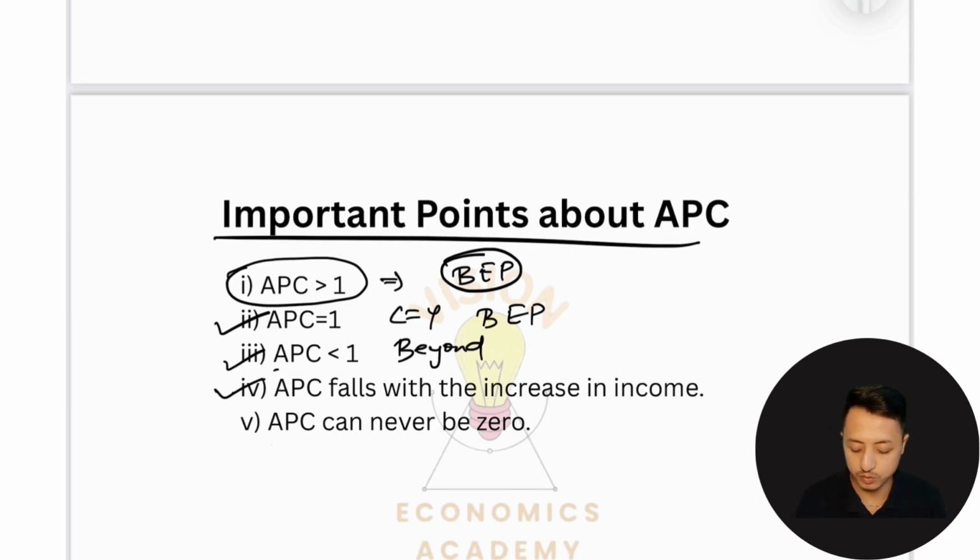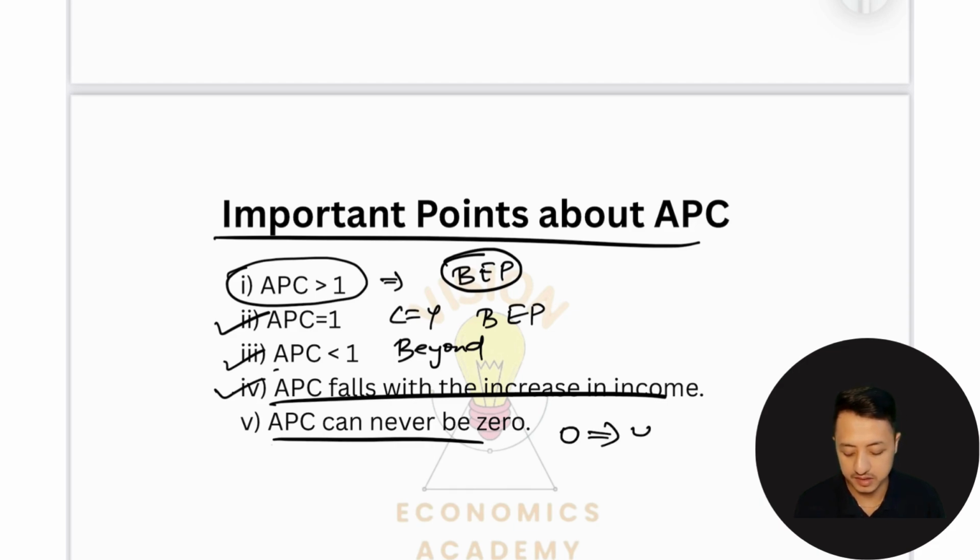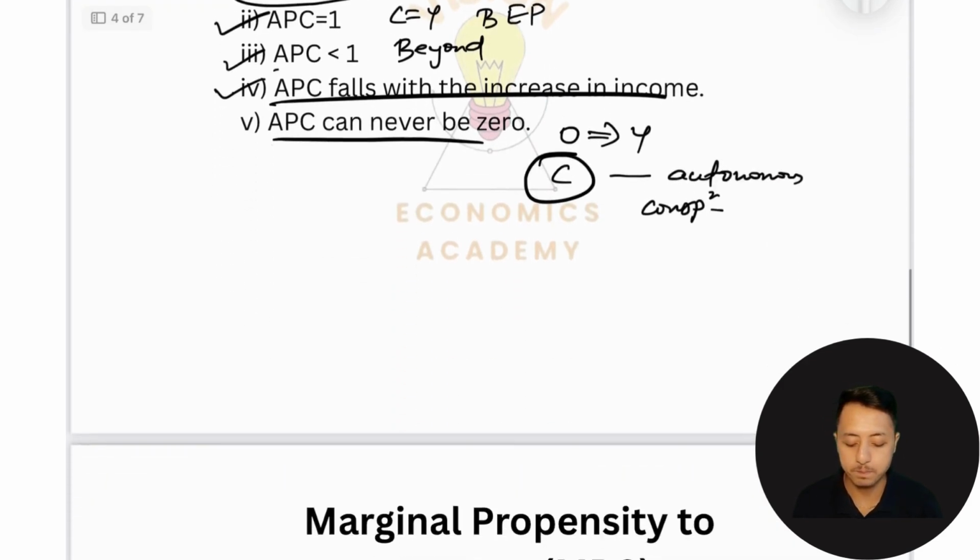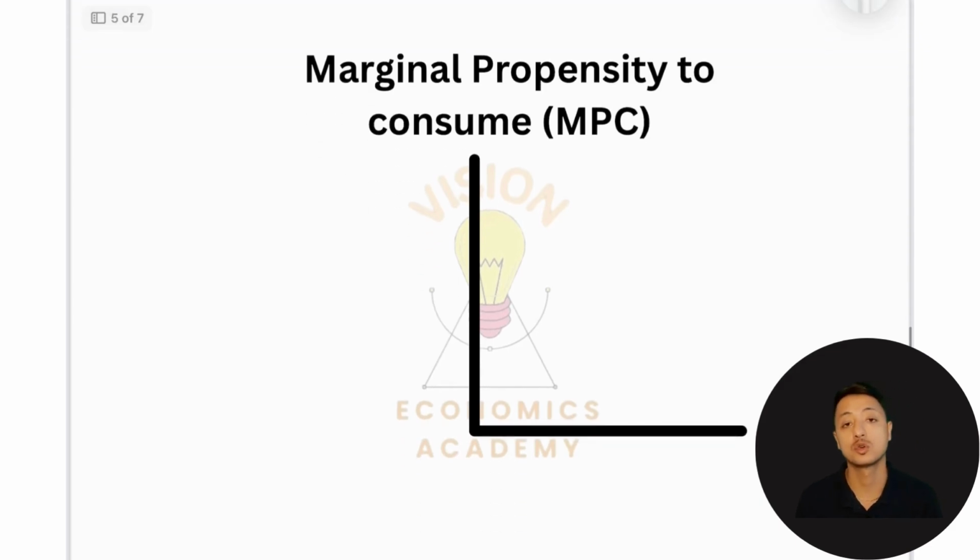So APC falls with the increase in income, and APC can never be zero, because even at zero level of income, there is still consumption, that is autonomous consumption, right? Now moving on to MPC, that is marginal propensity to consume.